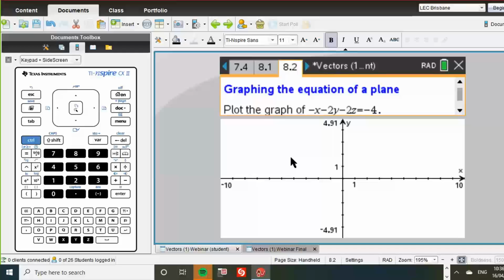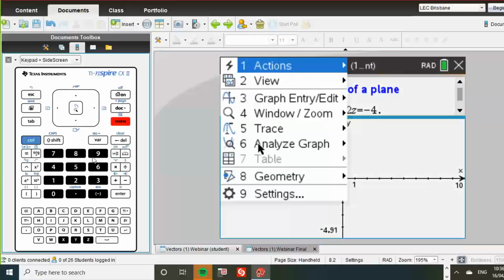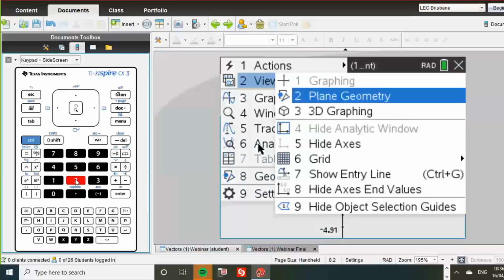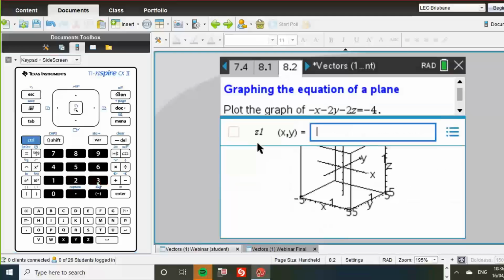Here is a situation where we're asked to plot the graph of that plane. We're going to press Menu, 2 for View, and then 3 for 3D Graphing. We also need to express z in terms of x and y, so we've got to transform that equation.